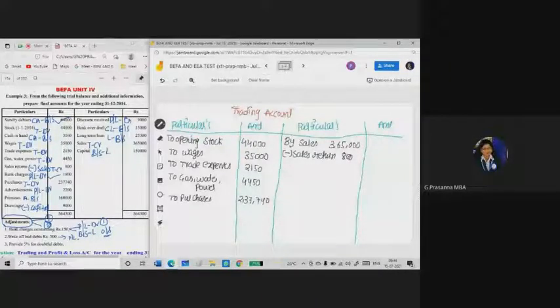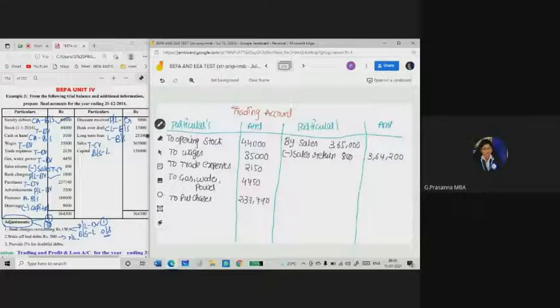So add the total of debit and credit. What is the debit total and credit total? Here, 3,65,000 minus 800 means 3,64,200.